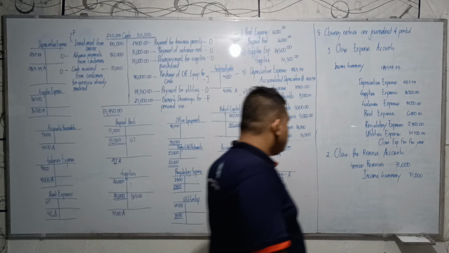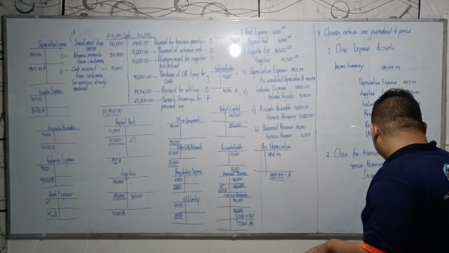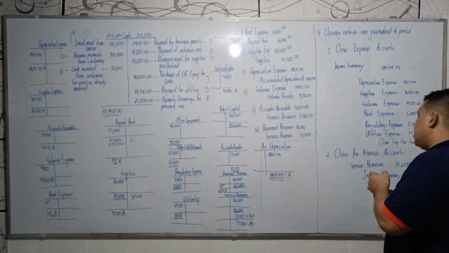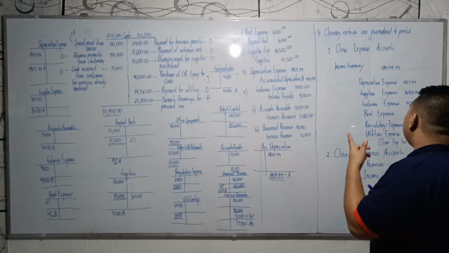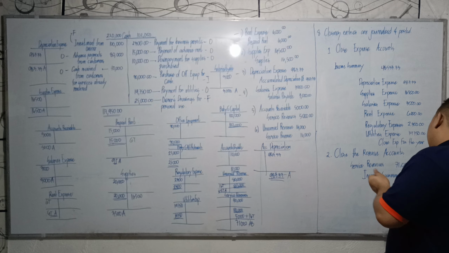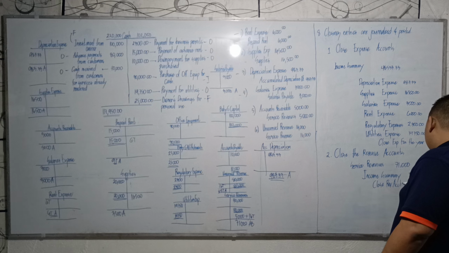So I guess let's close this. This is step 2 of the closing entries, journalized and posted. As to the explanation, that is closing revenue accounts for the year.